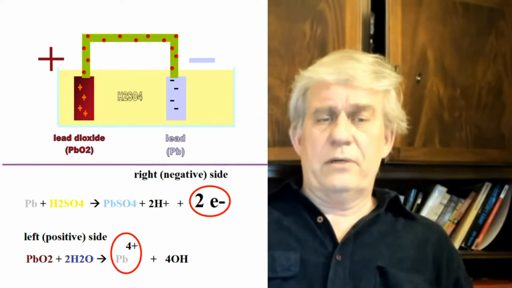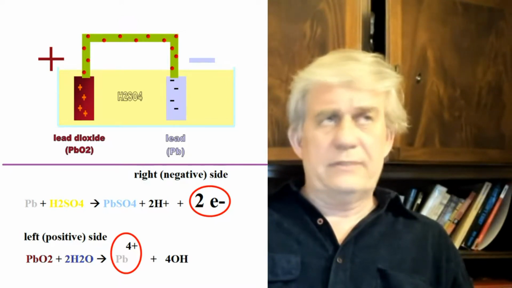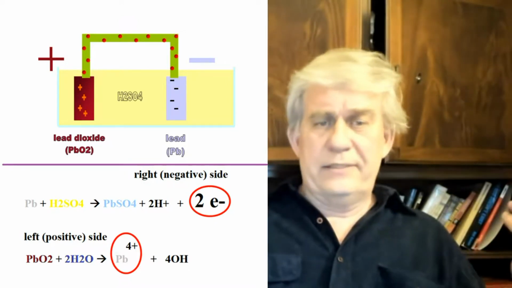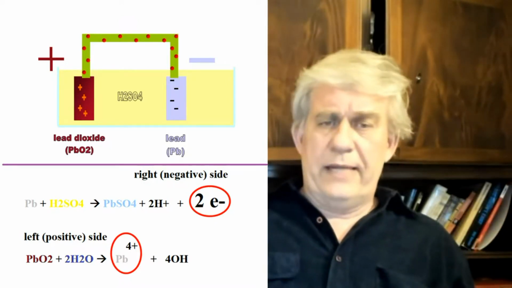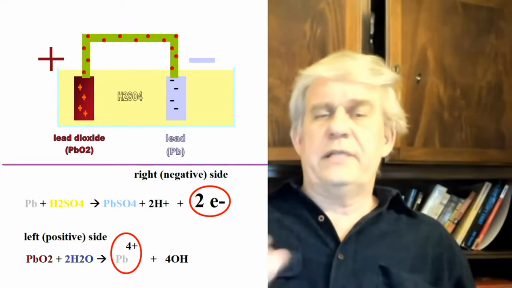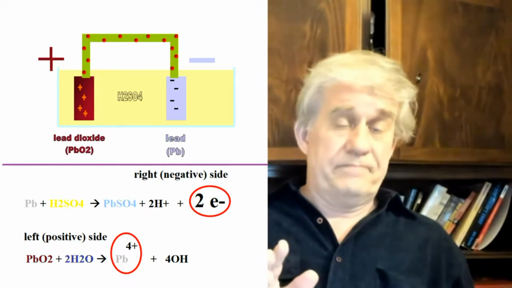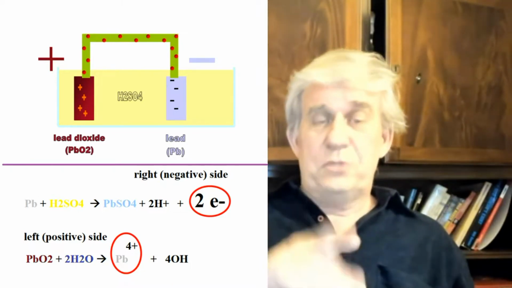And since we don't know what an electron looks like, I just put a little e. It doesn't really have a code other than the e, followed by a negative sign. That's what everybody understands for an electron. So the important thing is that we release two electrons into the solution. And those are the two carriers.